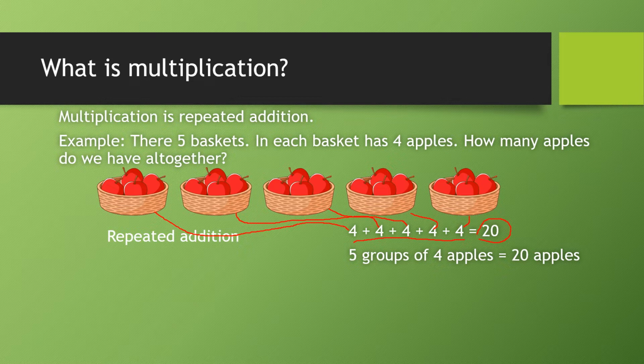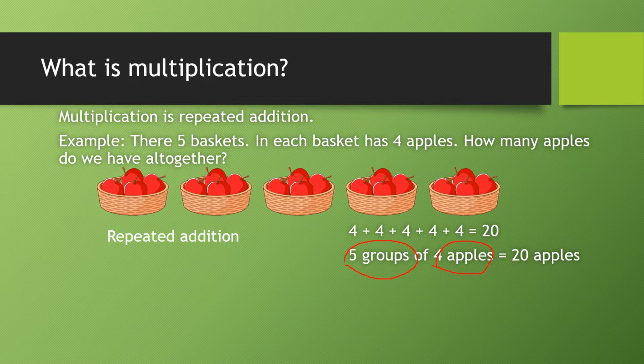So we have 5 groups. I will remove this line so it's easy to see. We have 5 groups of 4 apples. So in this we have 4 apples, 4 apples, 4 apples, 4 apples.